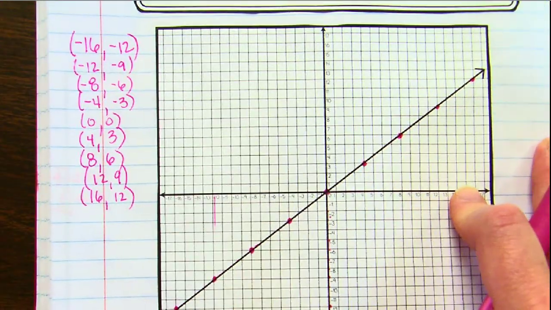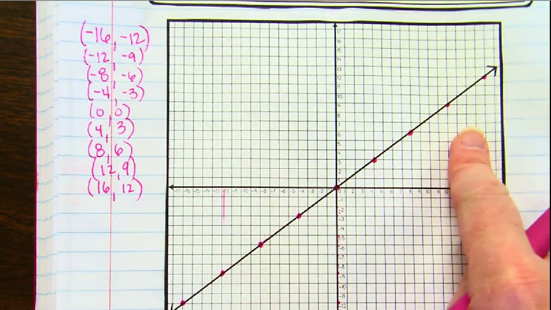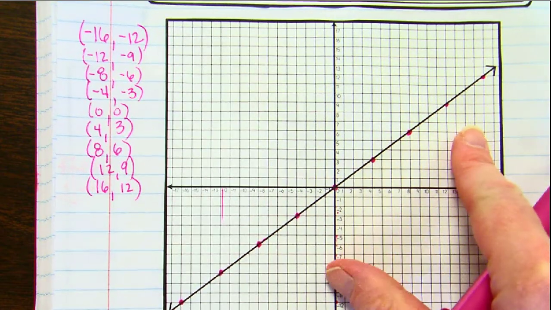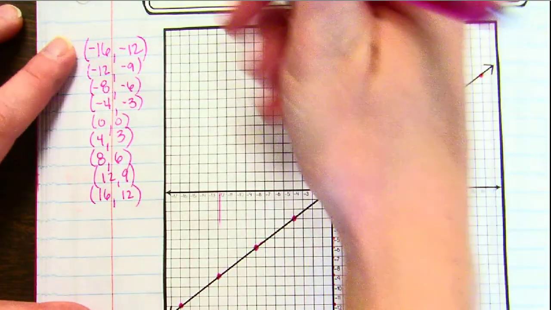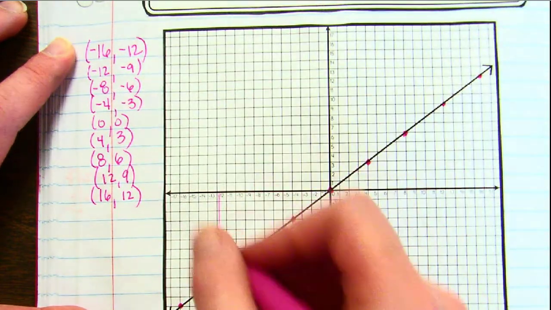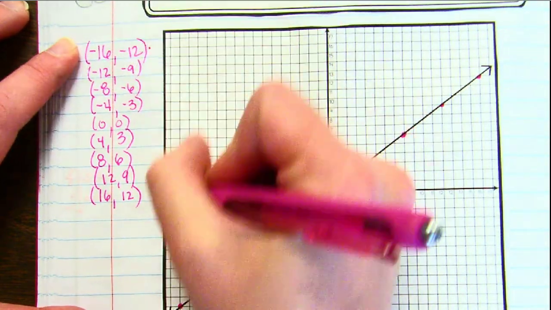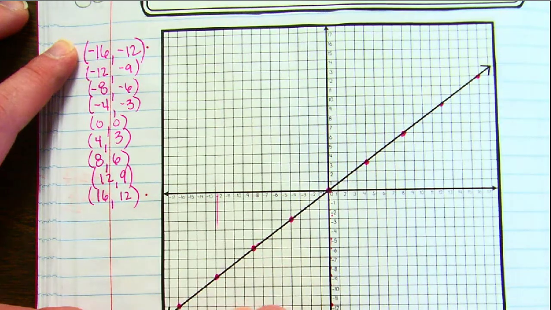So we can find the slope of this line, or the constant of proportionality of this line, from any of these 2 points. So if I wanted to, I could go in one big giant triangle from here to here.